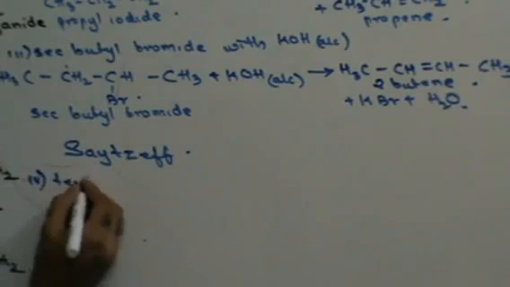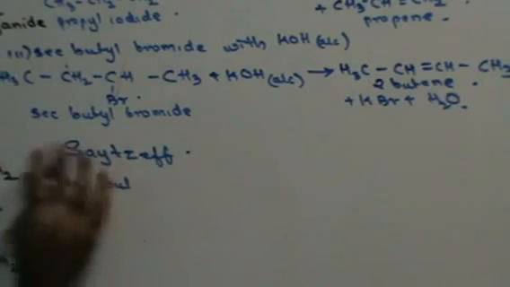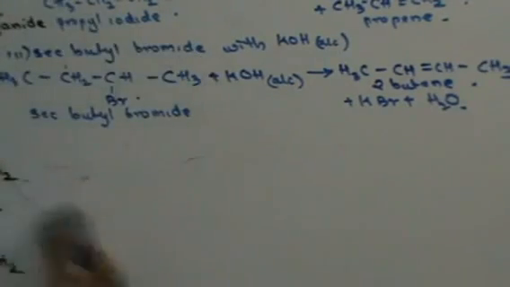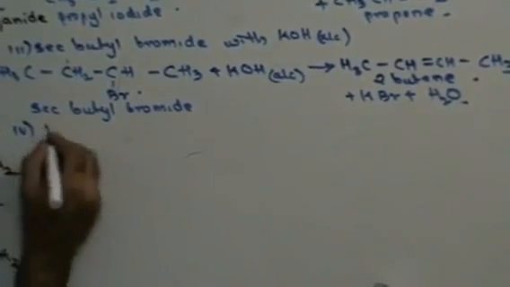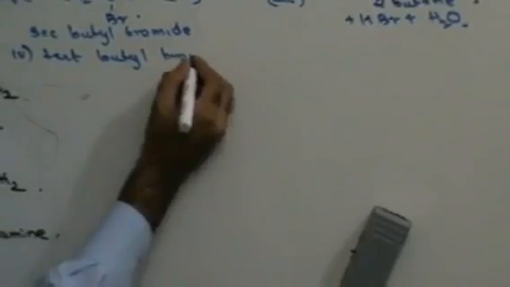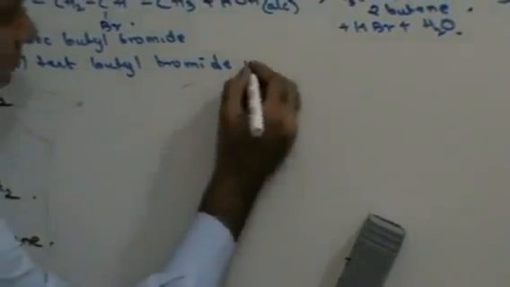Next, let's see another reaction, guys. What happens when tertiary butyl bromide reacts with alcoholic KOH?